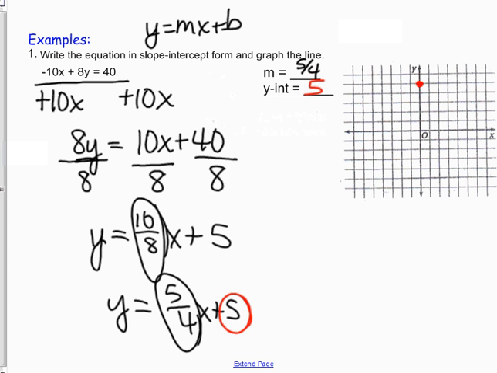Well, we know that I can't go up because there's no more graph there. So what I'm going to do is count down 5 and left 4. So down 5, 1, 2, 3, 4, 5. Left 4, 1, 2, 3, 4.